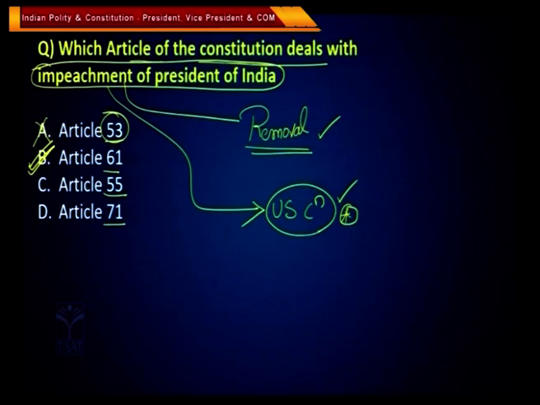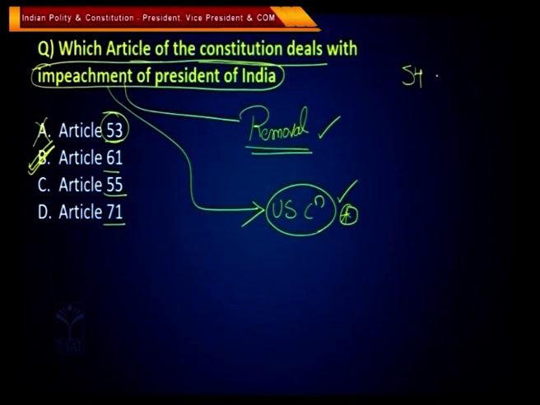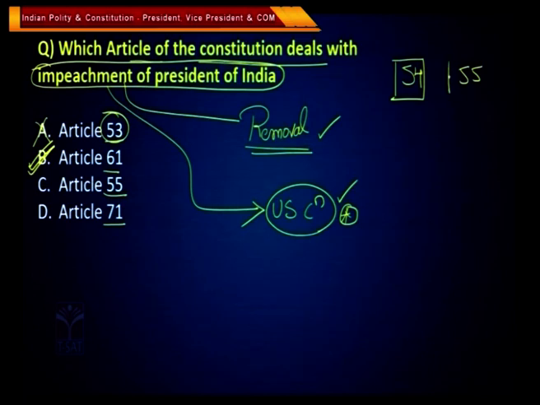Let us see Article 55 as well. Article 55 goes along with Article 54. Article 54 and Article 55 are in the news and can be asked as your question, because both articles deal with the election process of the President of India.